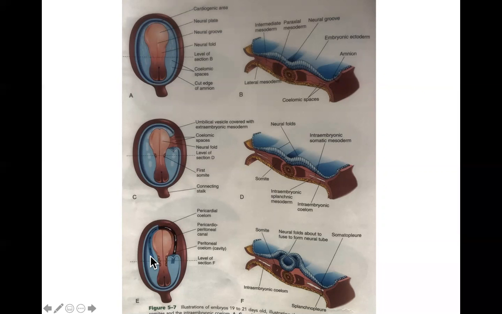The presence of this intraembryonic coelom is also going to separate the lateral and intermediate mesoderm into a somatic layer and a splanchnic layer. Somatic layer being closest to the ectoderm and the splanchnic layer being closest to the endoderm.